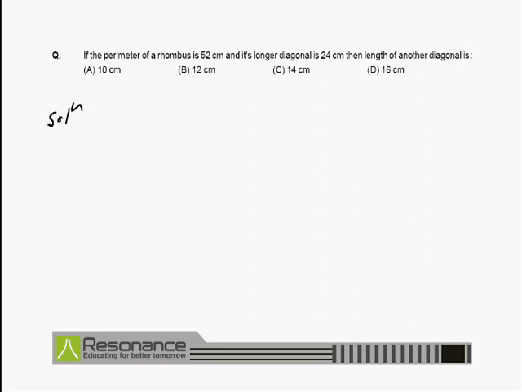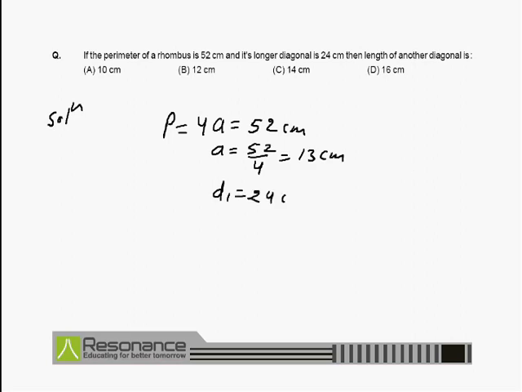As we know that in a rhombus all sides are equal, so perimeter equals 4 times the side, and it is given in the question that it is 52. So A equals 52 by 4, which comes to be 13 centimeter. Let the longer diagonal be denoted by D1, which is 24 centimeter.